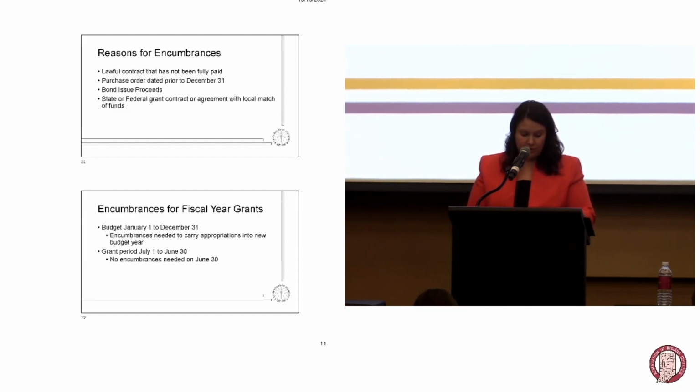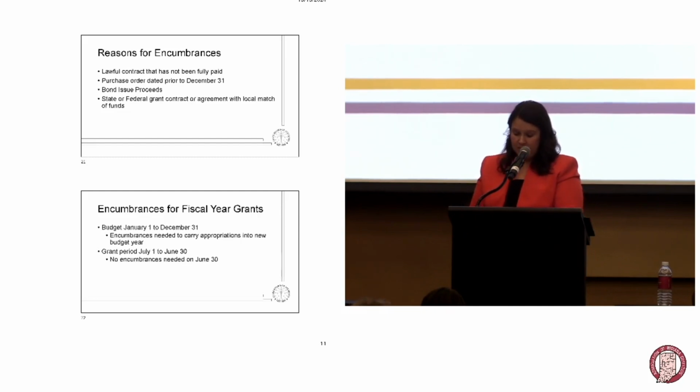A purchase order paid prior to December 31st. Bond issue proceeds. A state or federal grant contract or agreement with a local match of funds. So we're really looking for anything that the county is bound in contract to pay. So we need to have that kind of supporting documentation to encumber.